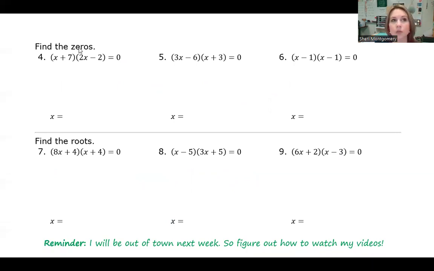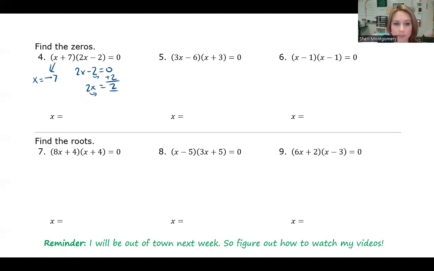It's really easy to see that this one, x is equal to -7, right? The other one, I would like to see you write it out because there are more steps. So we get 2x minus 2 equals 0. So we need to add 2.